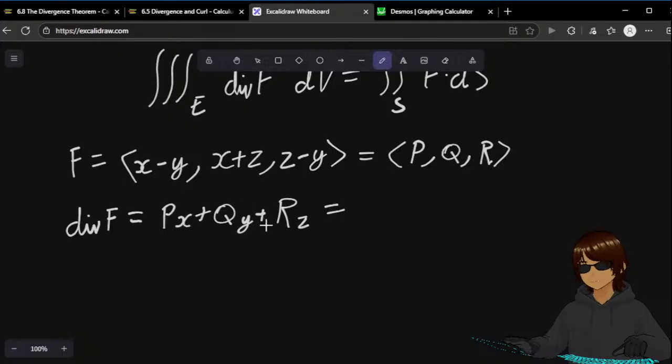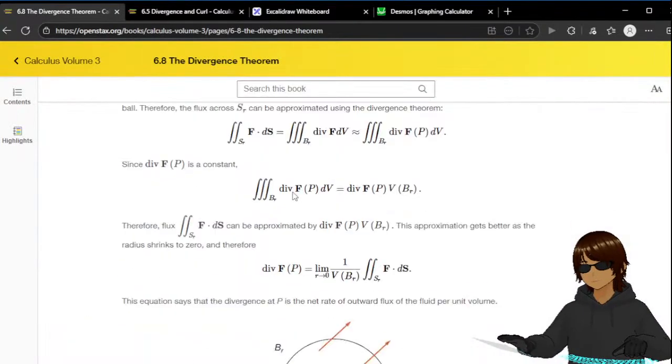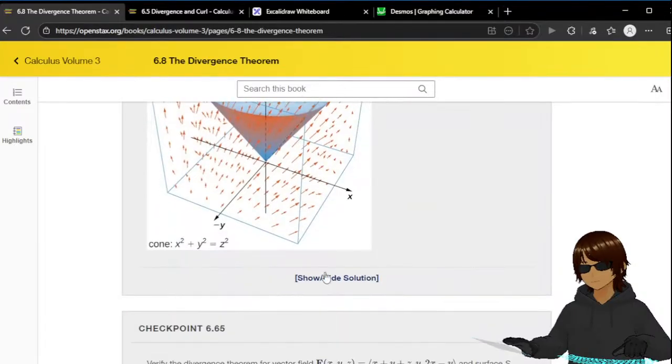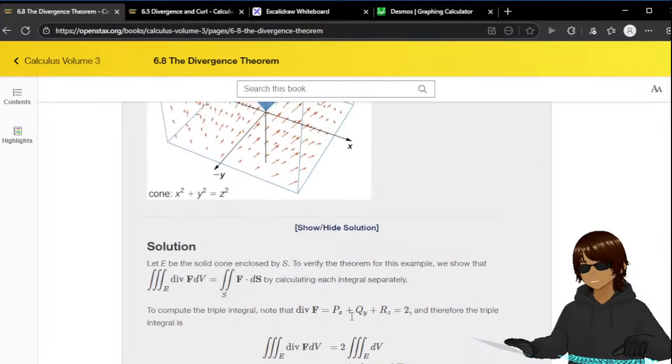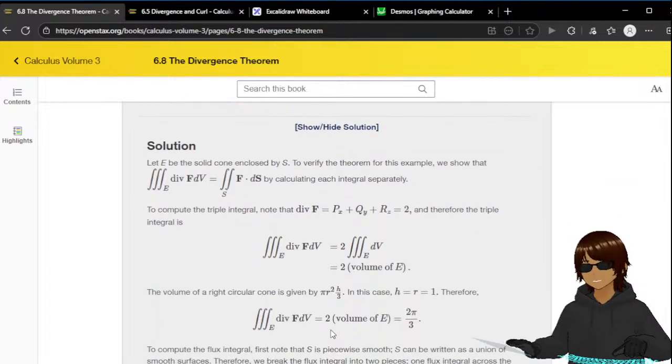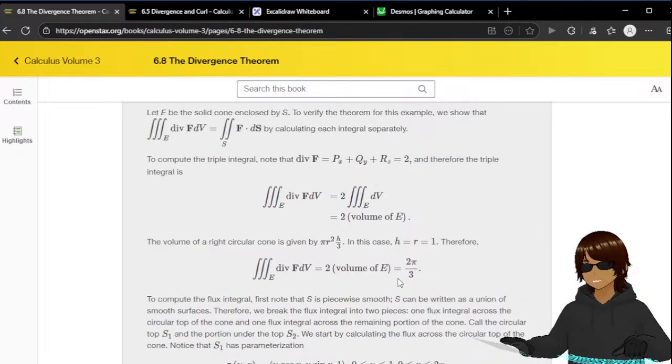So this would be 1 plus 0 plus 1, which is 2. But the thing is, you have 2 and then the volume of E, which is pi r squared h over 3, which gives us 2 pi over 3.